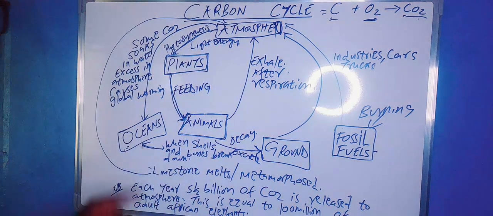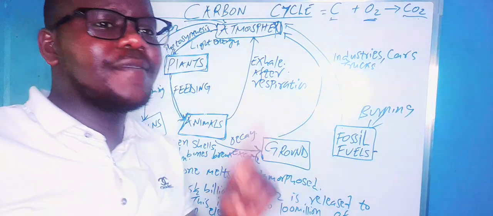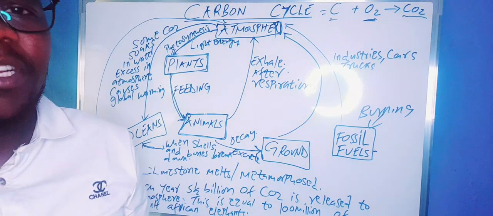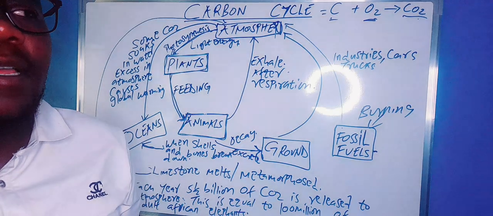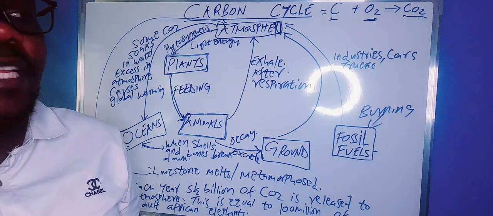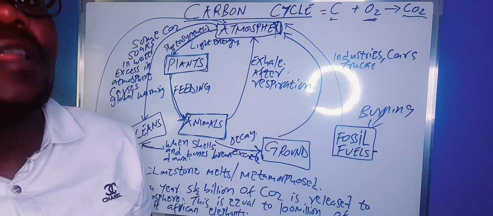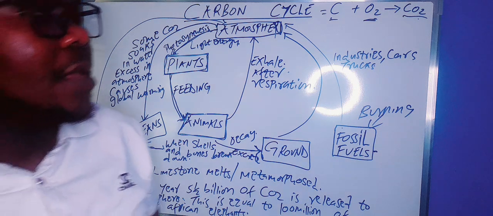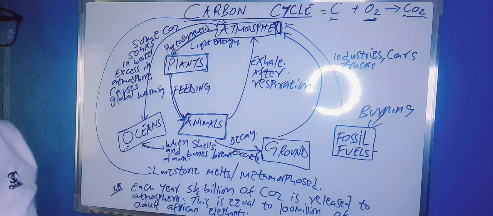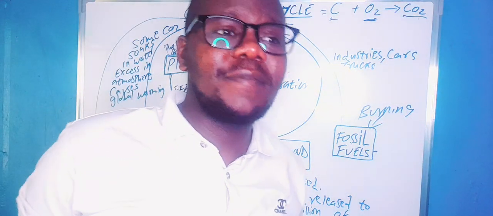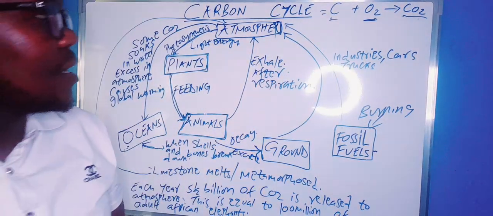So the importance of this: if the carbon dioxide concentration in the atmosphere becomes too high, what will be the effect? The effect of this carbon dioxide in the atmosphere will cause something called global warming, because of the greenhouse effect. So excess accumulation causes a greenhouse effect, and this leads to global warming.